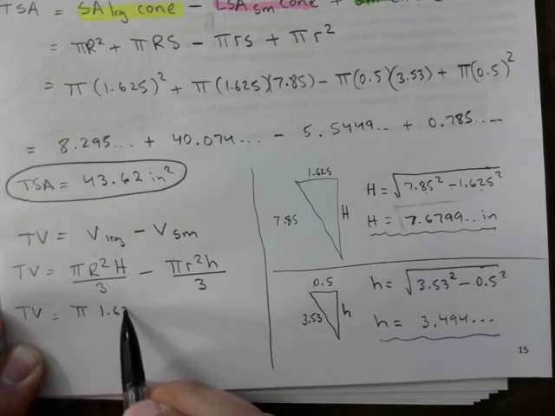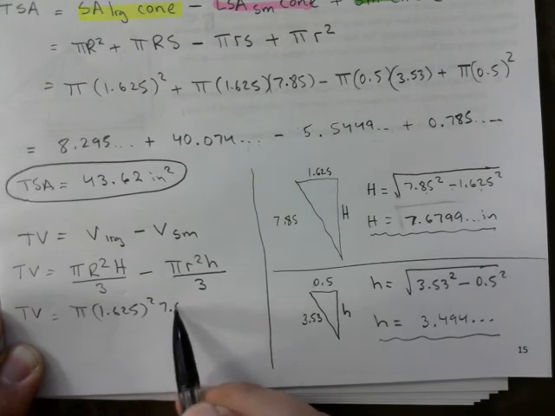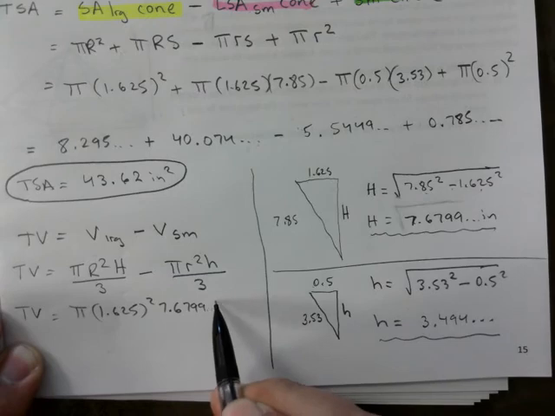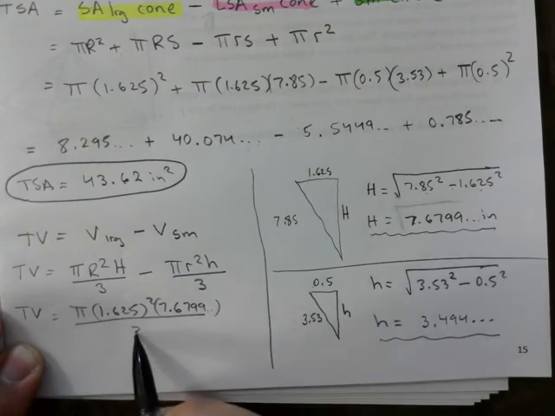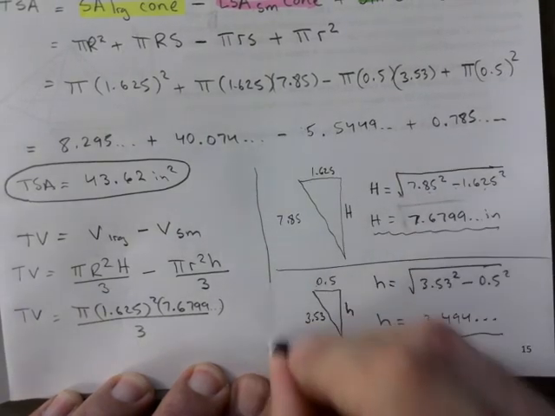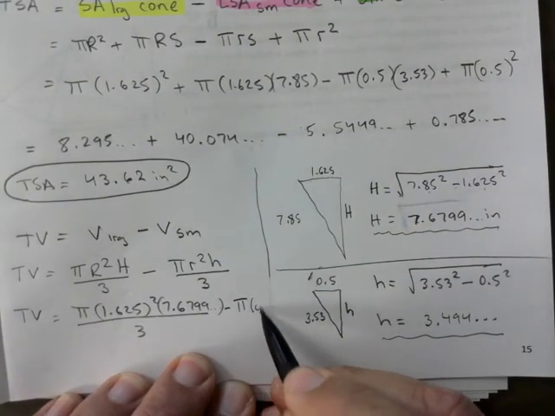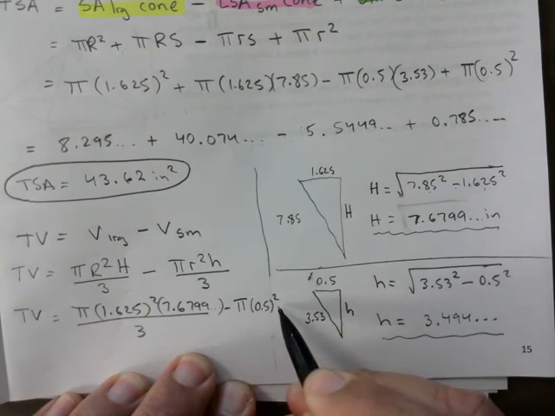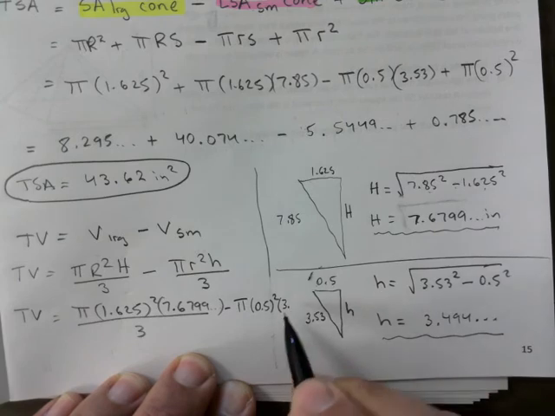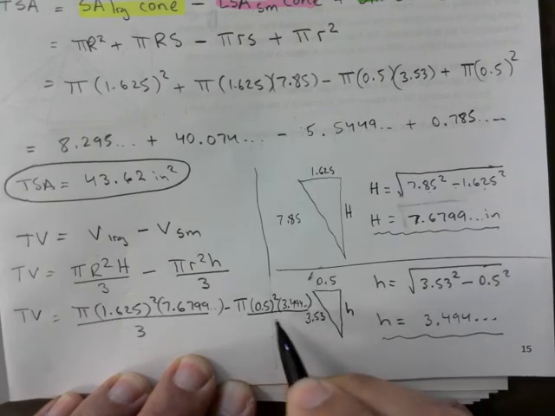So that's pi times 1.625 squared, times 7.6799 repeating, over 3, and I'm in trouble here, minus pi times 0.5 squared times 3.494 repeating, over 3.